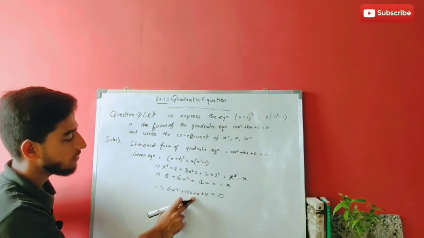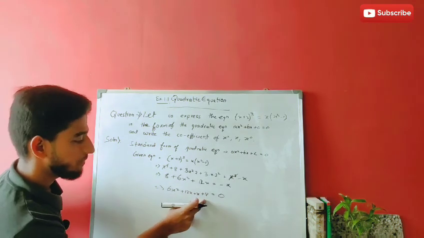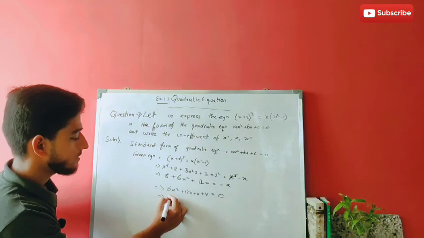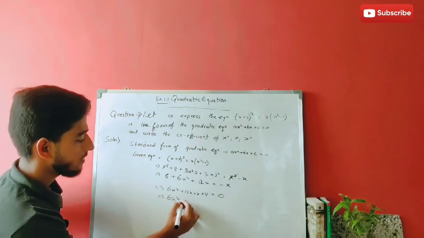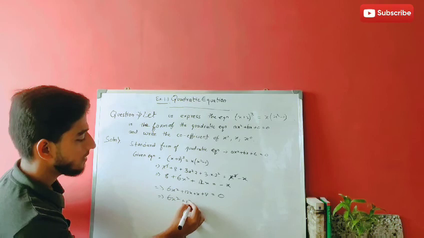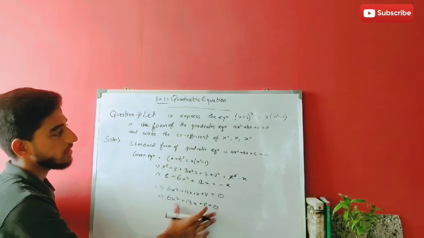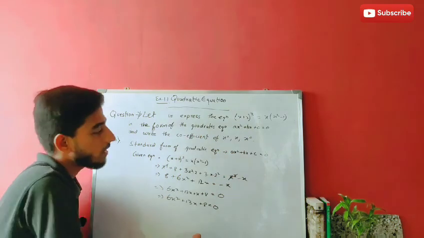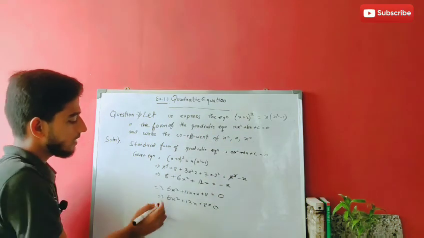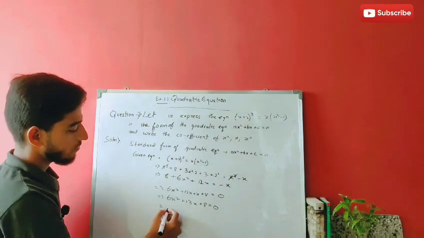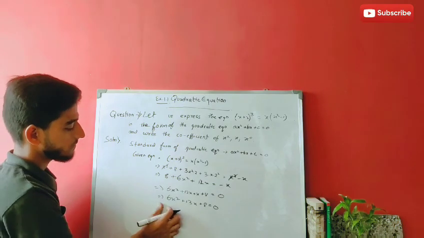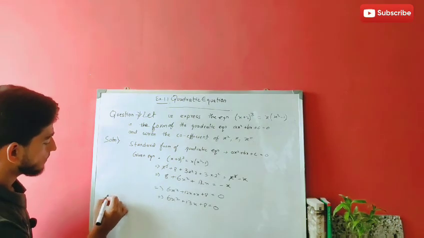Minus x has come over here and this 8 we have written here. It is 6x square plus 13x plus 8 is equal to 0. So our standard form has come. Now we have to compare this thing.